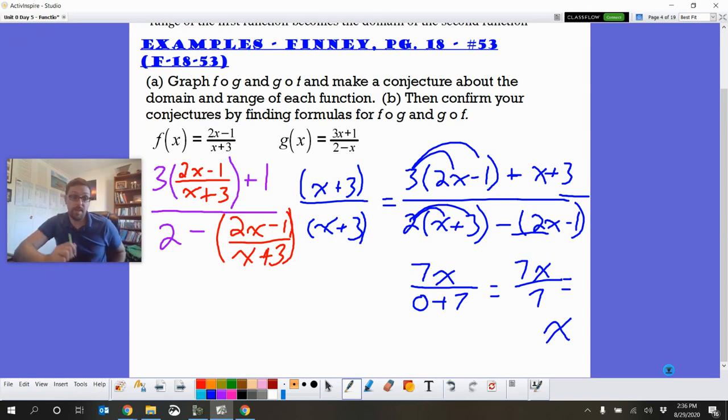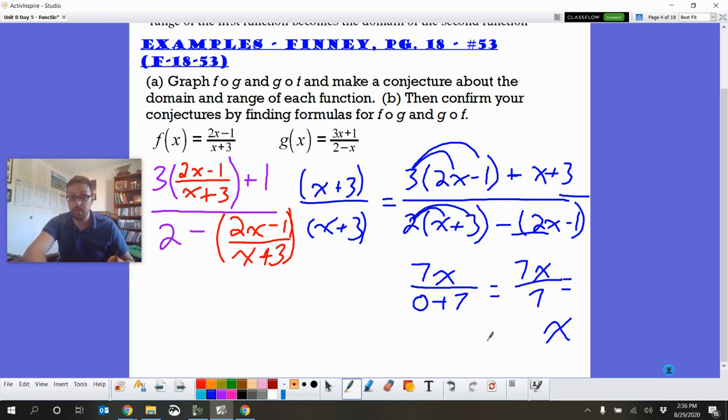So it seemed like the domain and range for this function is all real numbers. However, we need to look at the restrictions that are on the domain that happened at the beginning, because we need to go back to the beginning and worry about what would be really bad in this earlier stage.